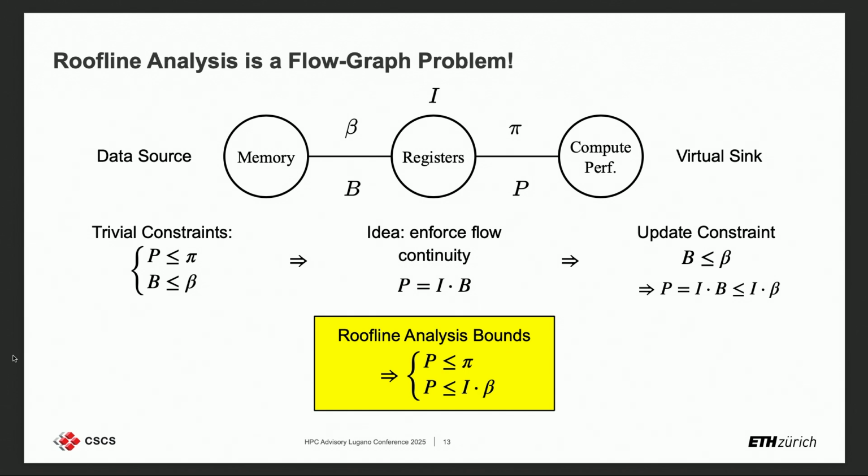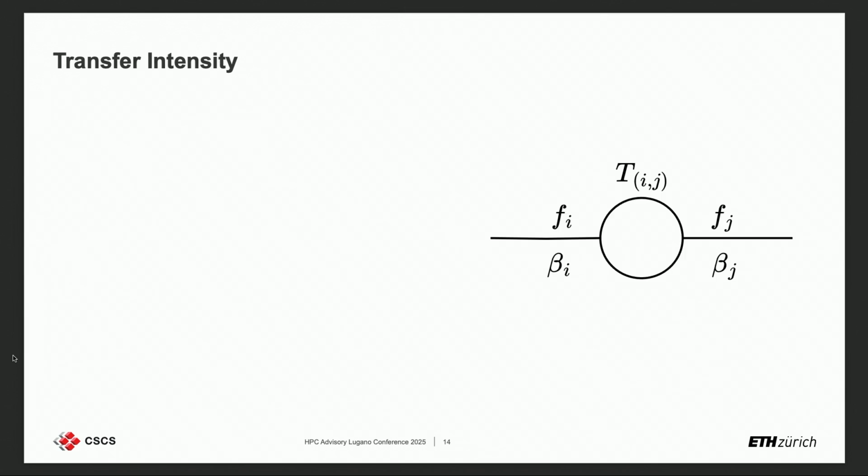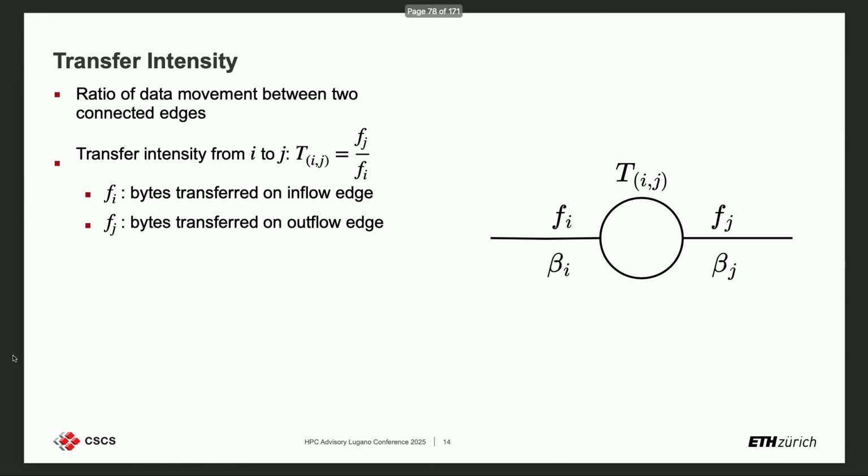Now, before I go forward, I want to introduce a new quantity called transfer intensity that I need in order to build this model. Essentially, it is very similar to operational intensity, except it quantifies the data movement, or the ratio of data movement, between two connected edges. The transfer intensity from edge I to edge J is simply the ratio of flow J divided by flow I, where, of course, Fi and Fj are the measured data flows.